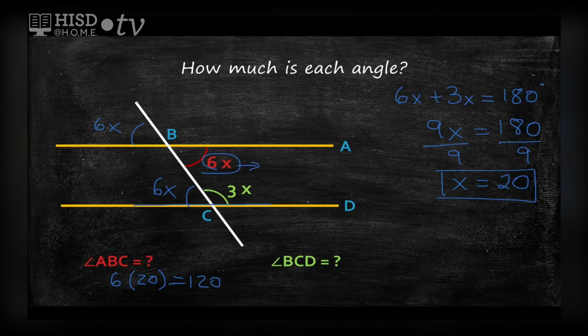So this one right here is 120 degrees. And then the BCD is equal to 3x, or 3 times 20, which is equal to 60. So 3x is equal to 60 degrees, and that is the answer for this problem.